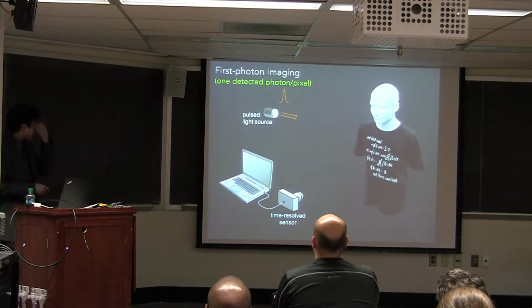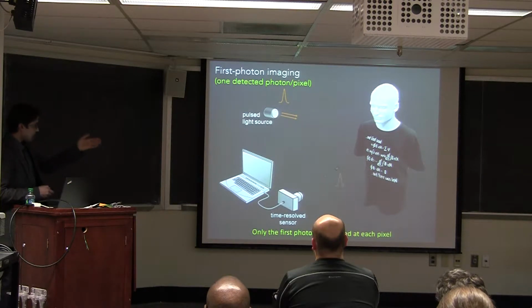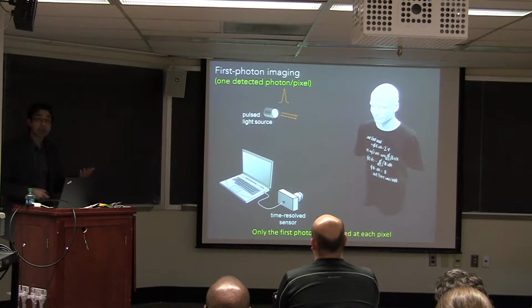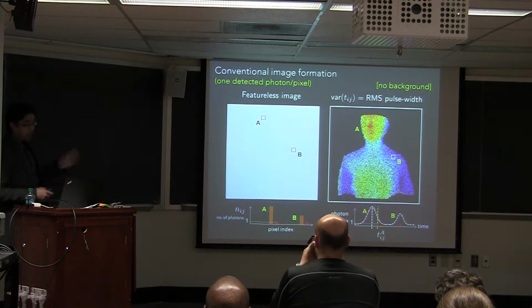So, in first photon imaging, we have a pulse light source, we do this illumination, some fraction of the light will reach the detector, and only the first photon is detected at each pixel. As the name suggests, after the first photon detection, we stop. With conventional image formation from this data, what do we have?